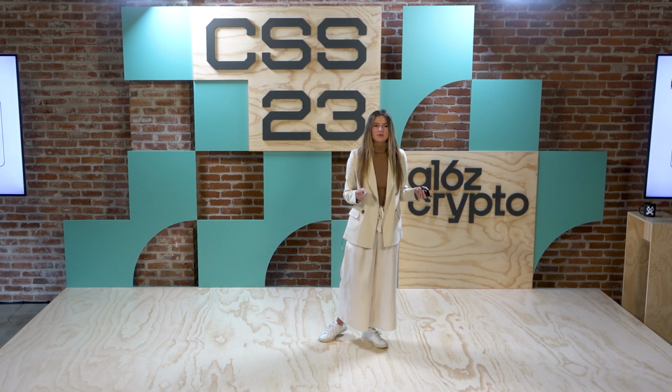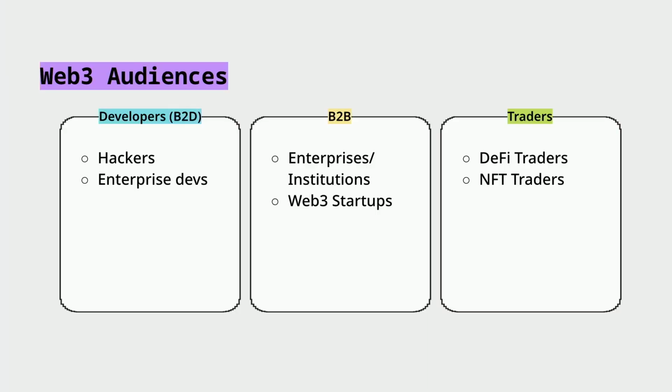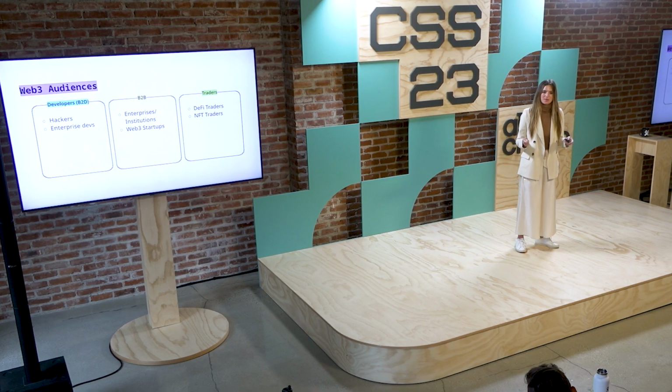But if you are trying to talk to Web3 people, these are the three types. Or the largest three types. Developers, so B2D marketing. There are two main categories of developers. There are solo, entrepreneurial, basement hacker types, sometimes formally trained, sometimes not formally trained. They're doing it themselves, they're doing it with small teams.